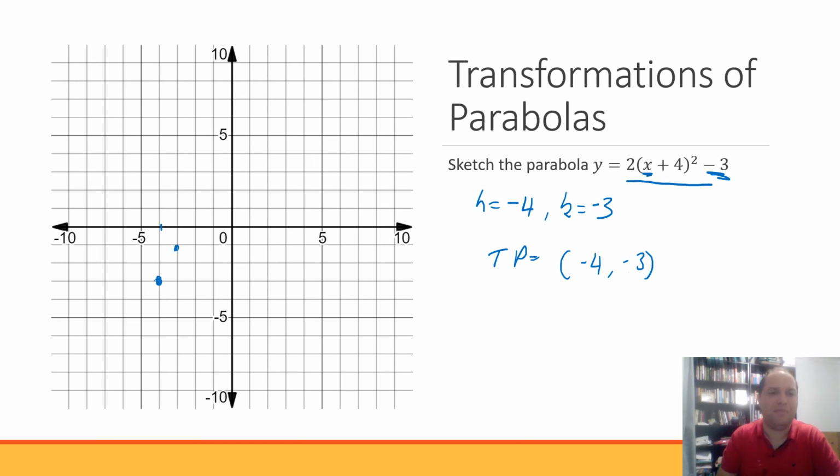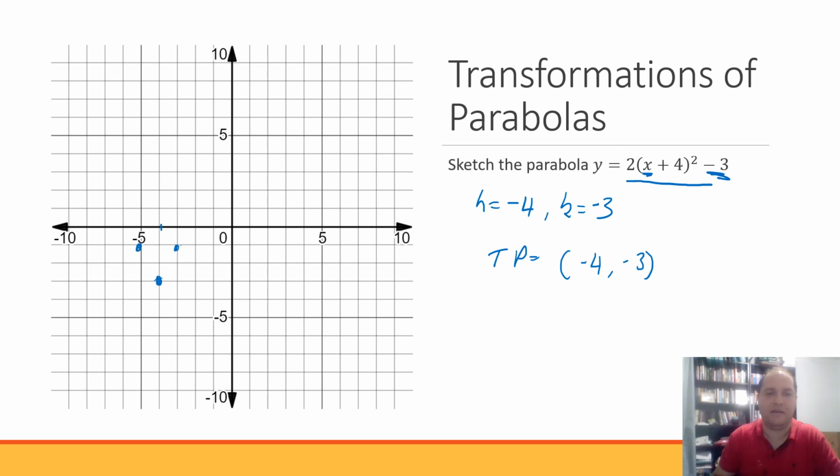In the same way, we're going to do the same on the other side. Remember, our parabola is symmetrical, either side of our turning point. So if we've gone 1 across and 2 up on the right side, we're going to go 1 across and 2 up on the left side.